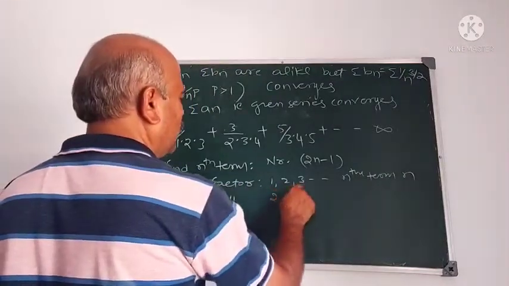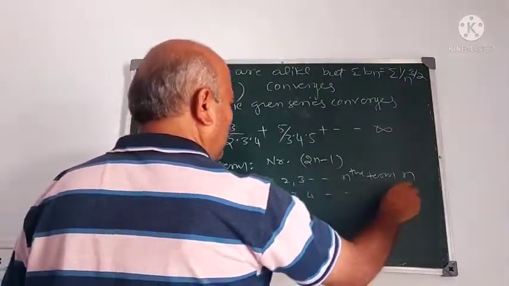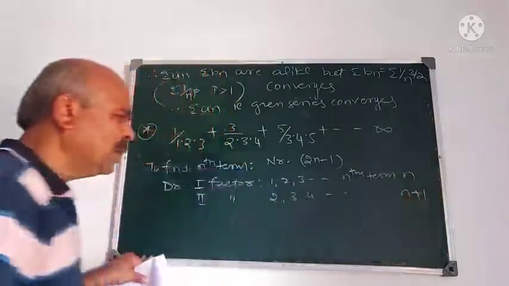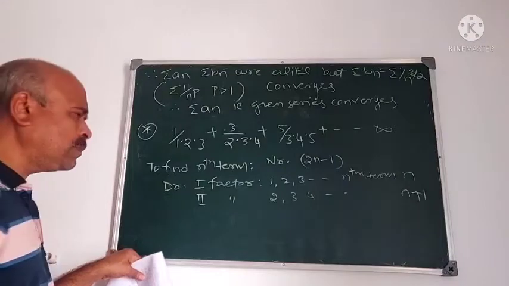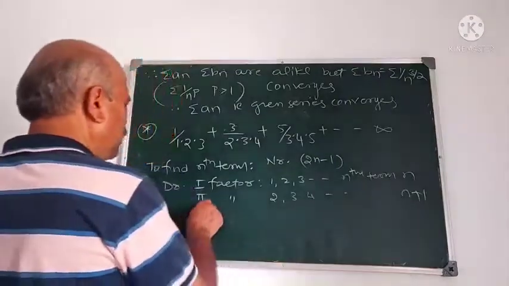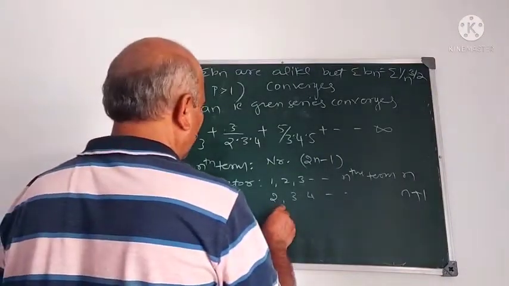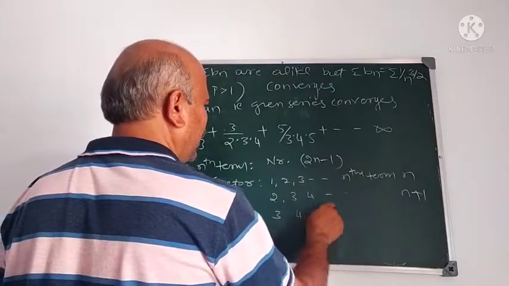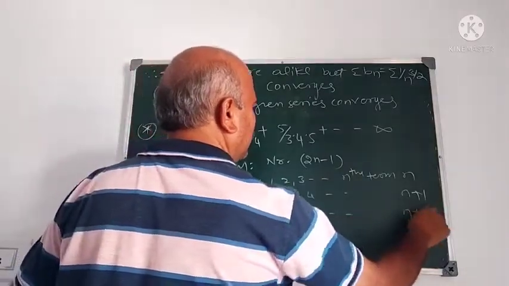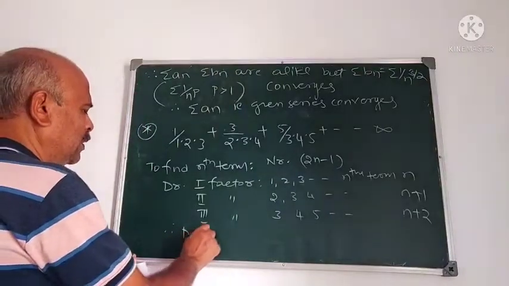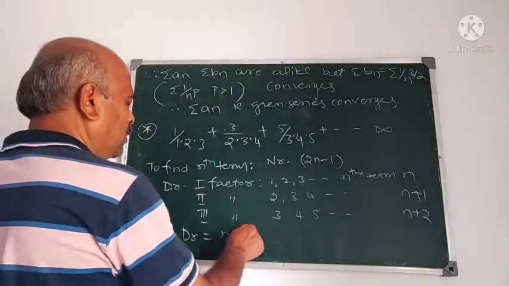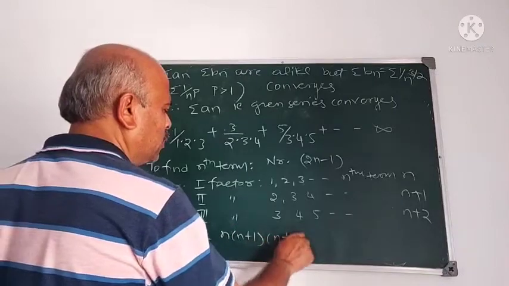Second factor 2, 3, 4, etc. Sorry, nth term is n plus 1. Third factor, what is the third factor? 3, 4, 5, etc. Nth term is n plus 2. Therefore, denominator is n into n plus 1 into n plus 2.